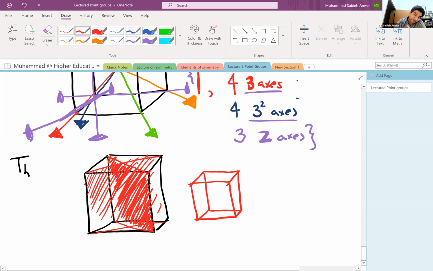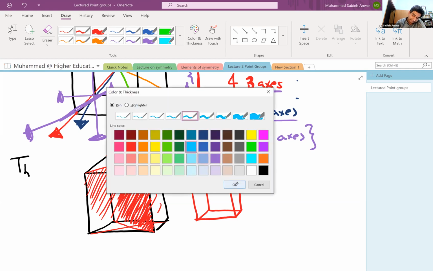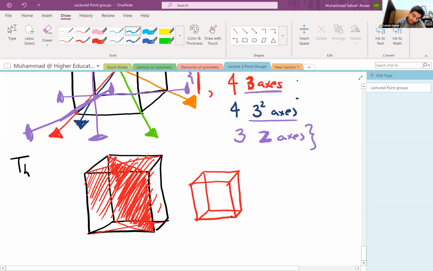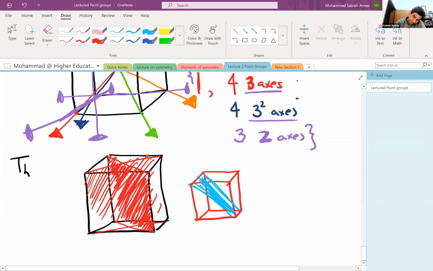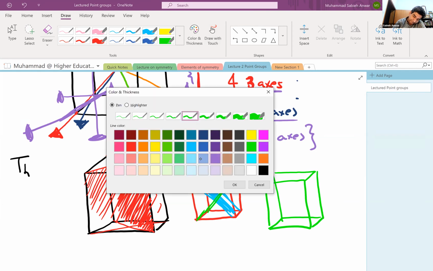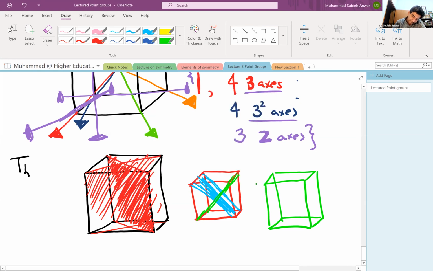So here are 2 of them, and the next 2 of them would be here. Here are the next 2 of them, and finally I've already drawn this, sorry.